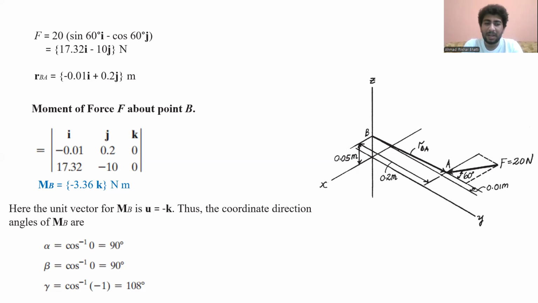So this is also 90. And you see, as gamma represents the z-axis, the unit vector is minus 1 in the z-axis. So when we solve cos inverse of minus 1, we get 180 degrees.